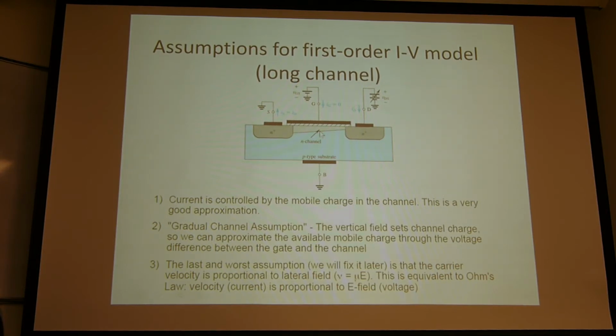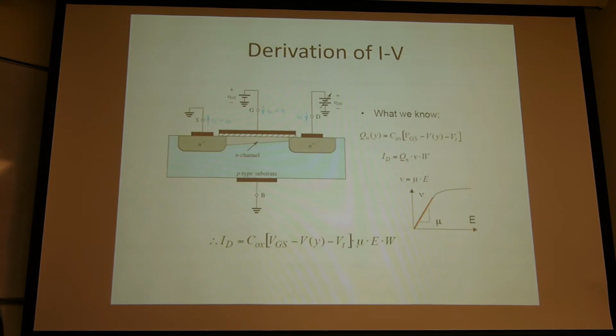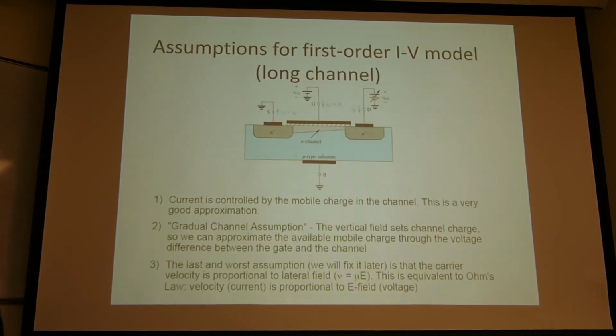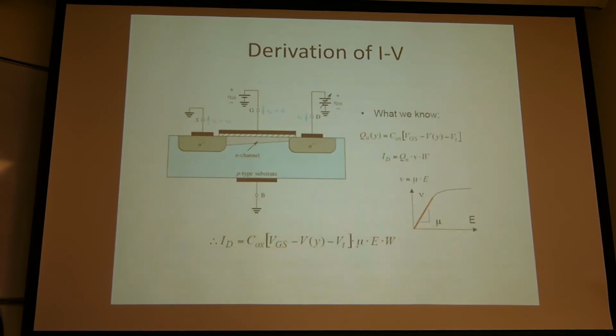These are the assumptions we have, and we derive the IV equations based on them. We have done that using the average electron density in the middle of the channel, but here we can redo the derivation using more generic formulas. So here is what we know.